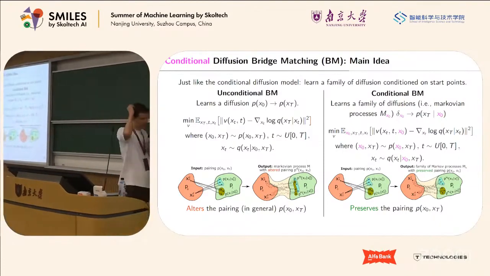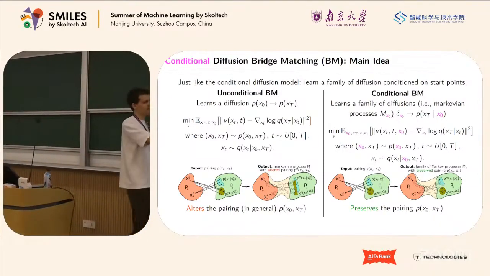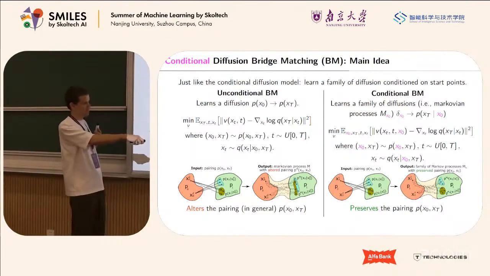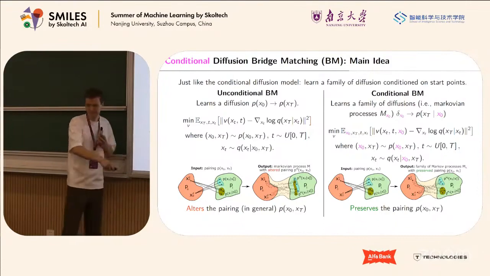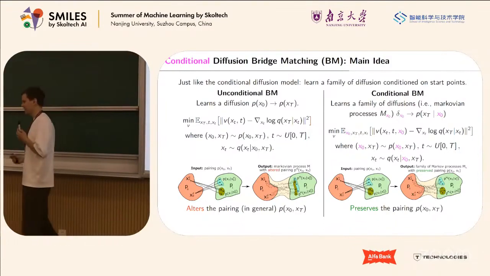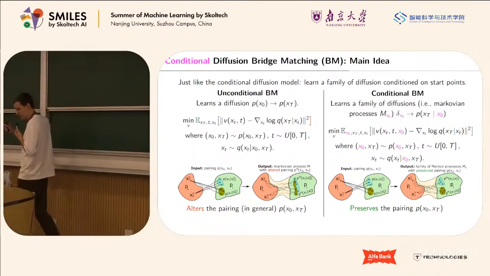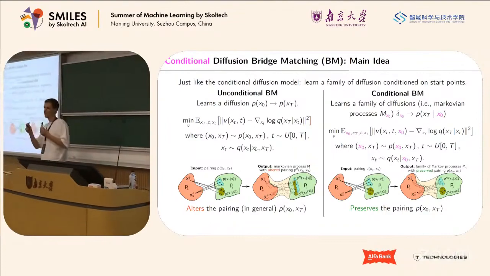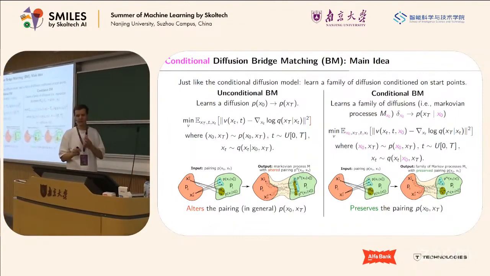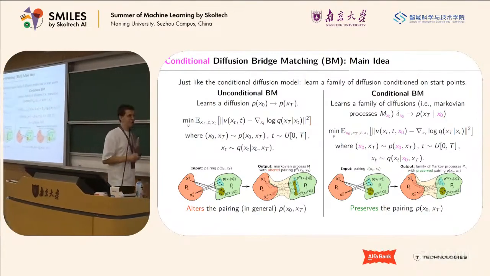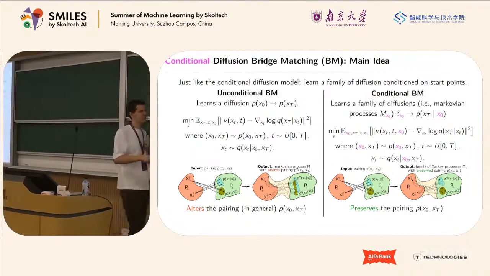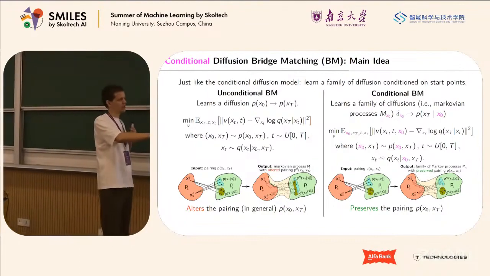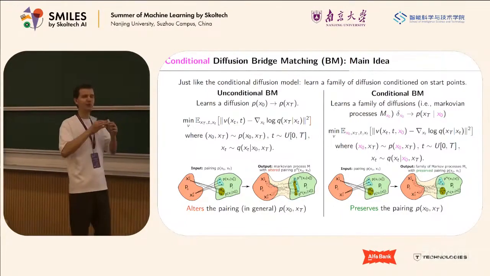How can we avoid this? Ideally, we want to obtain something like this, where we learn some diffusion process, and it preserves the correspondences between the data. How is this usually done? This is usually done by changing just one thing in the model: adding the condition to your model. Instead of learning just one diffusion process, which transforms input data to the target data, we learn a lot of different diffusion processes.